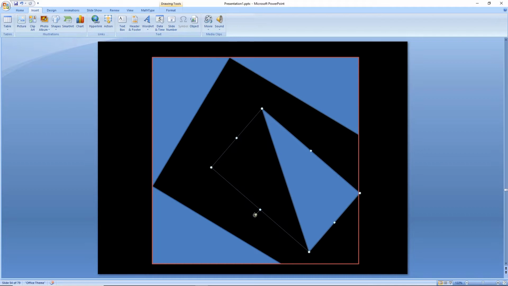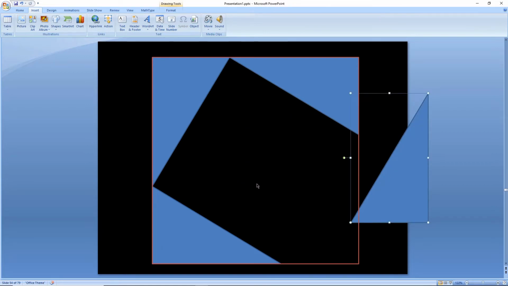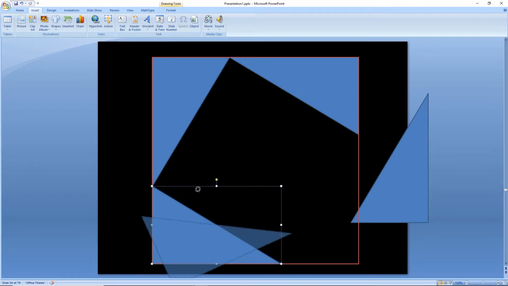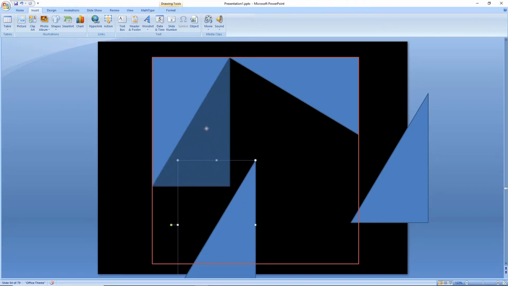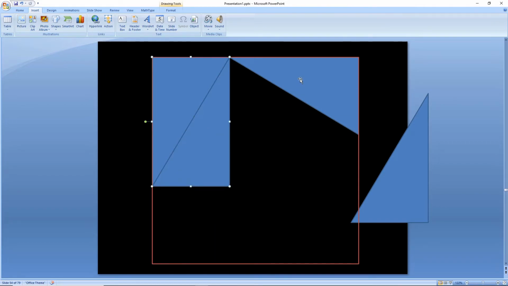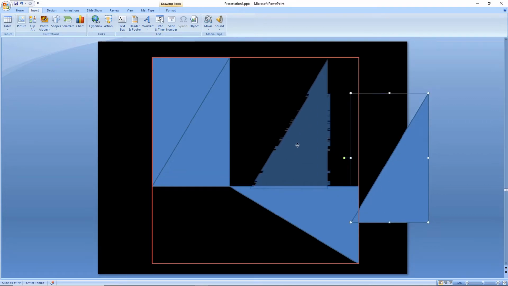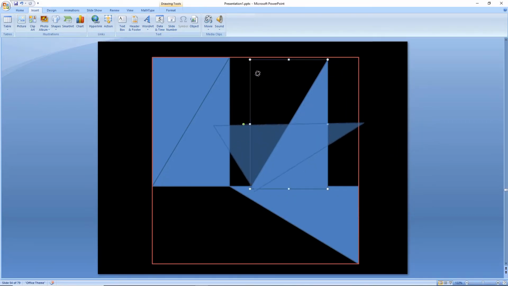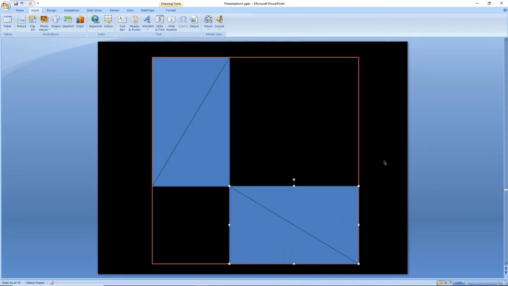So what I'm going to do is put these right triangles together in a different way. And look at that.